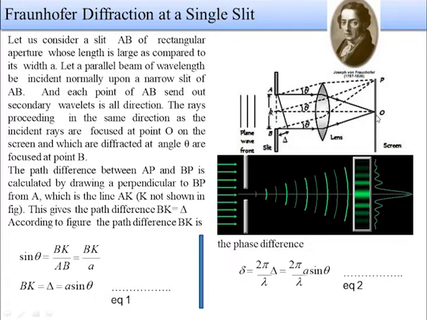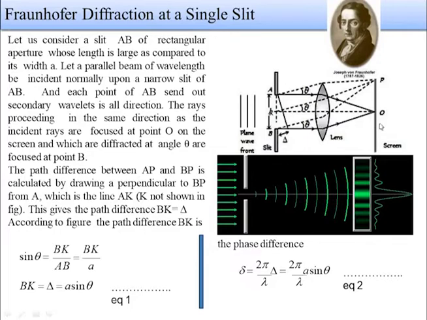There is no path difference between these rays and there occurs constructive interference at the point O. We are discussing the secondary waves emanating from the slit AB, and what type of superposition occurs for the secondary waves on reaching the screen, which is kept in front of the lens. All the rays proceeding in the same direction as that of the incident ray get focused at the point O on the screen.